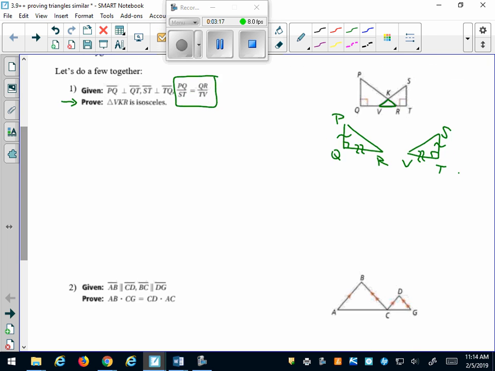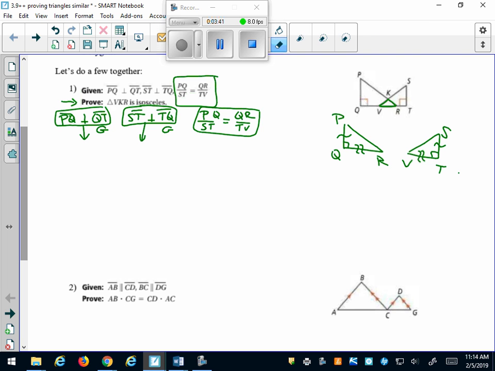Okay, so we're going to start with PQ perpendicular to QT and ST perpendicular to TQ. What's the conclusion that you think we should make from these statements? What conclusion can we make from the perpendicular statements?